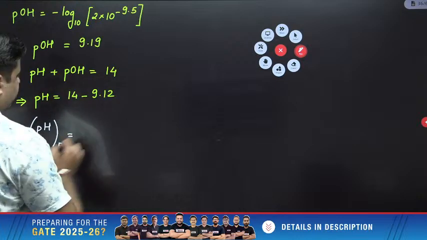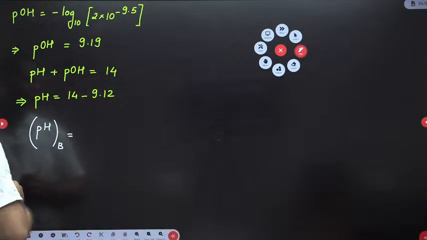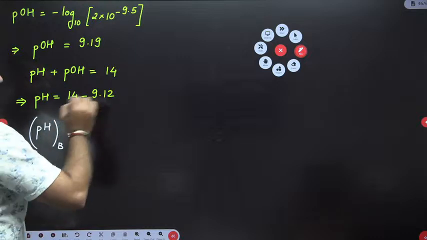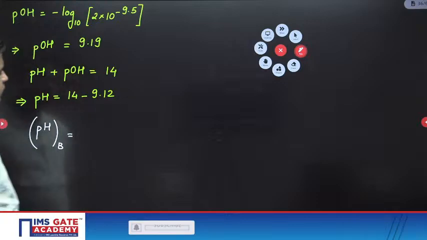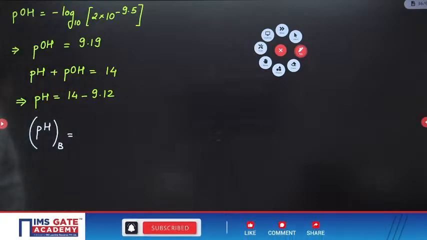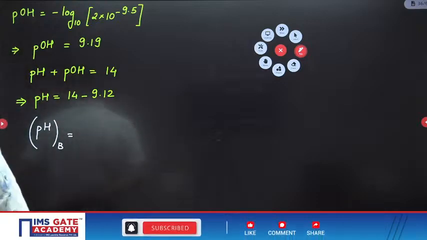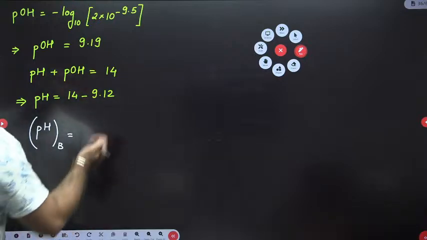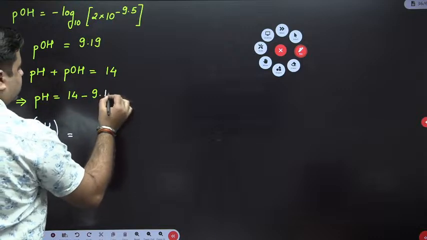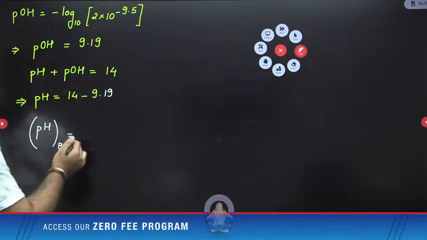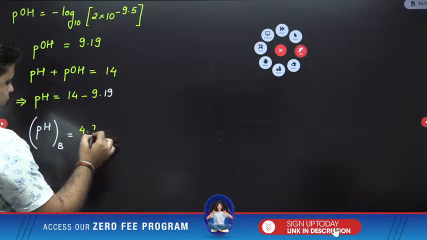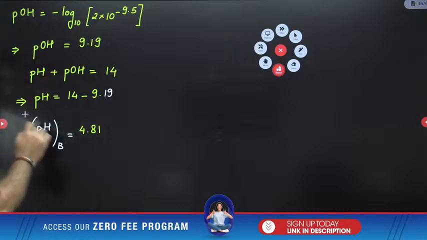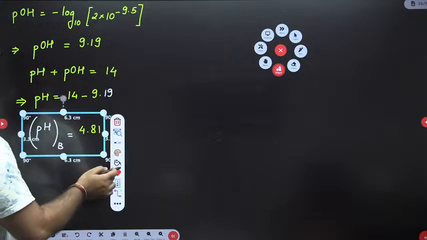So pH for industry B, how can it be 4.8? 4.8 or 4.08? 4.81. This is 9.19, so this is 4.81. That is pH for your industry B, 4.81.